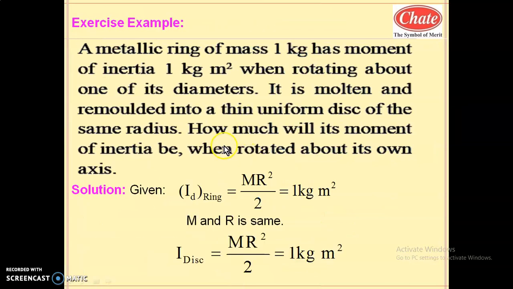See, here is one problem. A metallic ring of mass 1 kg has a moment of inertia 1 kg meter square. Student, here the object is very important, because if the object changes, the moment of inertia formula changes. So for the ring, this is the mass, this is the moment of inertia, when rotating about one of its diameters.